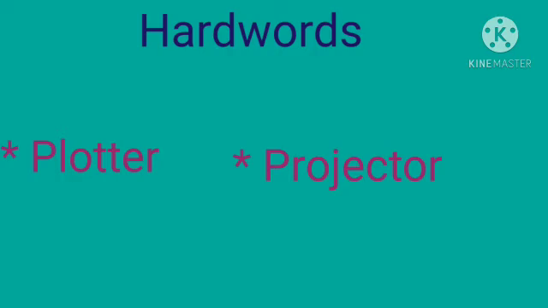Projector. A device with a system of lenses for projecting slides or film onto a screen or flat surface. Next word is trackball. Trackball. An electronic device consisting of a rotatable ball.